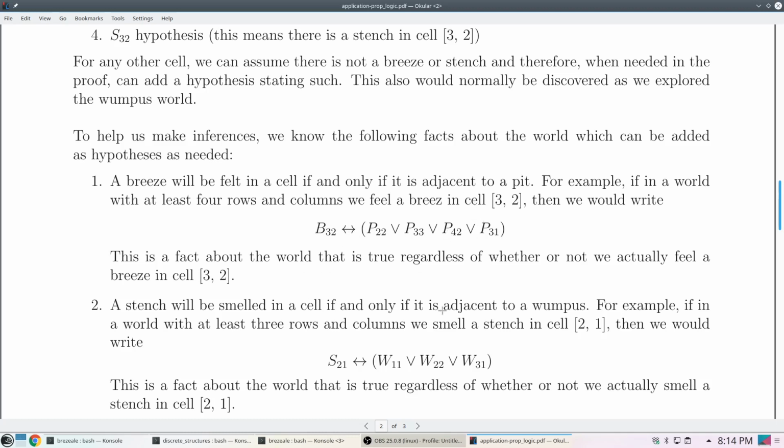That is the 4 adjacent cells to cell 3-2. So remember how the biconditional works. It says if there's a breeze in 3-2, then there must be a pit in one of these cells, and if there's a pit in any of these cells, it will lead to there being a breeze in 3-2.